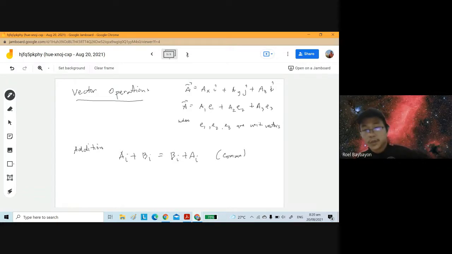You can interchange, okay? For the addition operation. We also have associative. We have AI plus BI plus CI. You can write this as AI plus BI plus CI, grouped differently. So we call this the associative property.